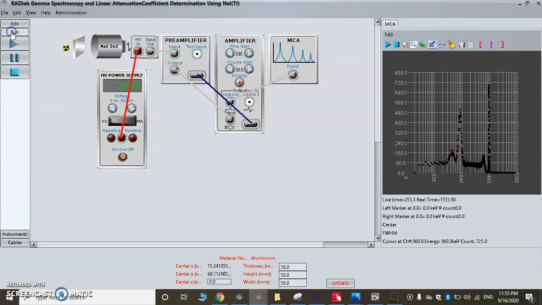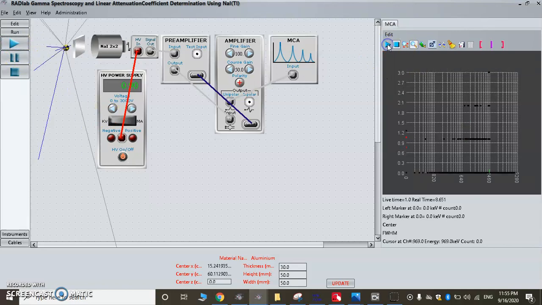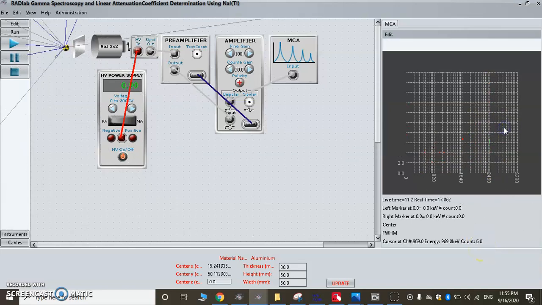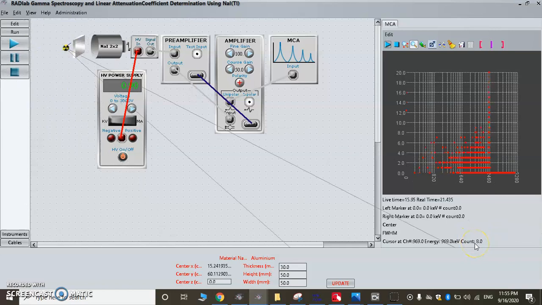Now running our experiment again. First we delete the previous data, then run, and we can see that counts are very low compared to the first part.